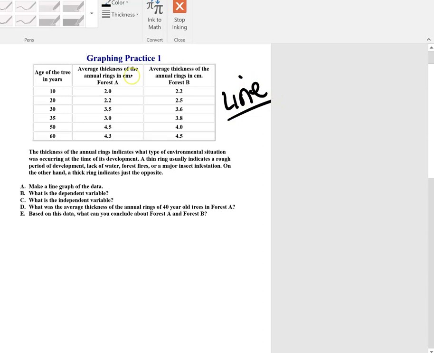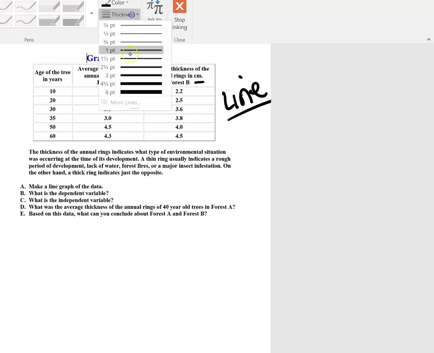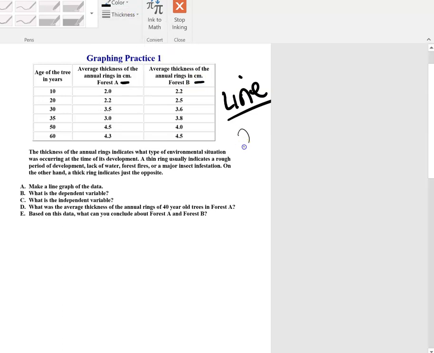And you have trial 1, forest A, and forest B. So this is going to have 2 lines. You need 1 line for forest A and 1 line for forest B on your graph.